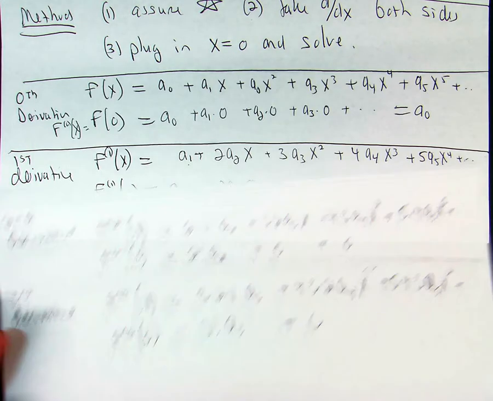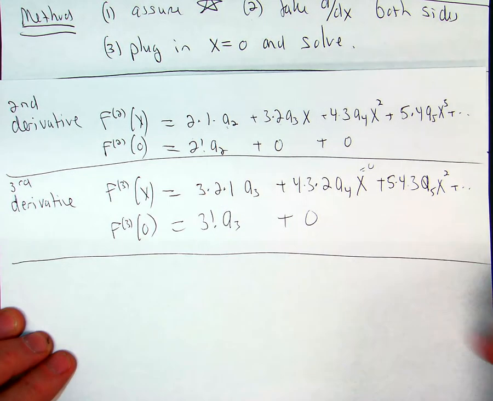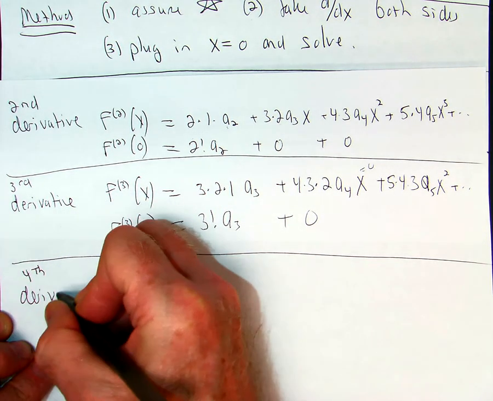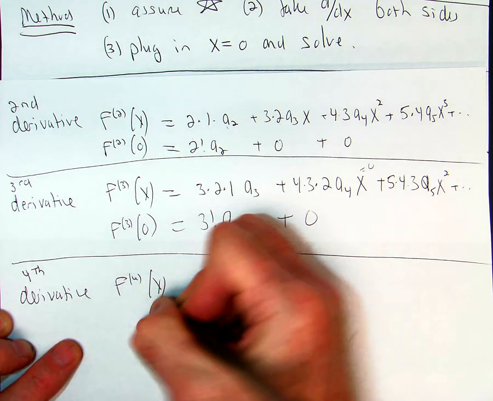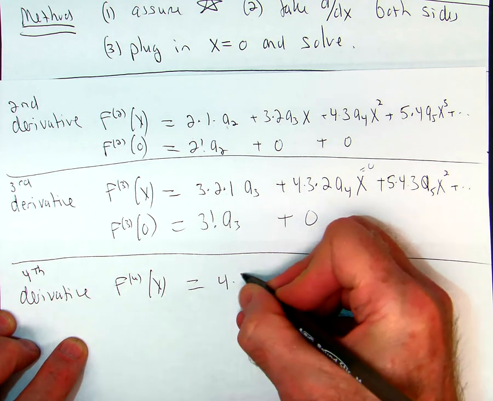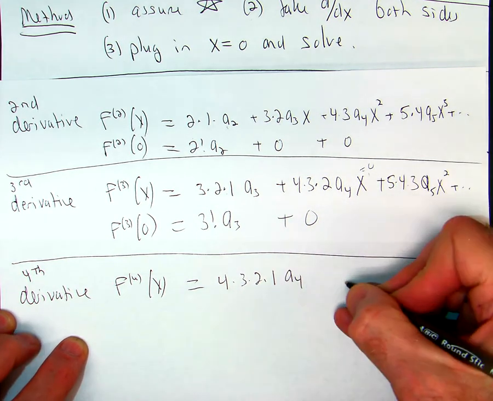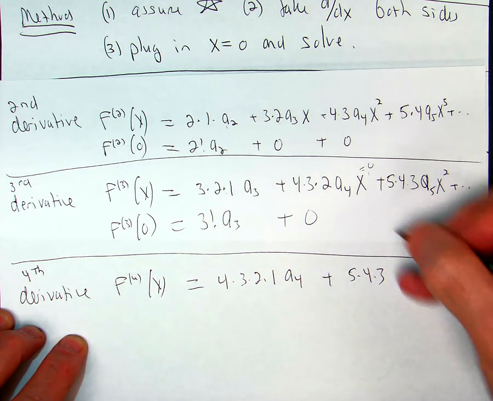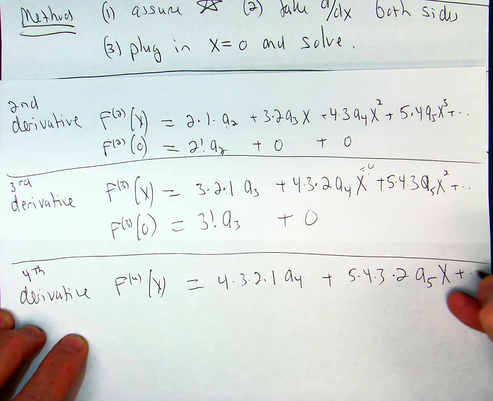Okay. So I'm going to slide that up a little bit. We'll do the fourth derivative, same method. And then this will be the last one. I take this one, that goes to 0, it's a constant, so I get 4 times 3 times 2 times 1, a4. Bring down the 2, 5 times 4 times 3 times 2, a5, x, plus dot dot dot.